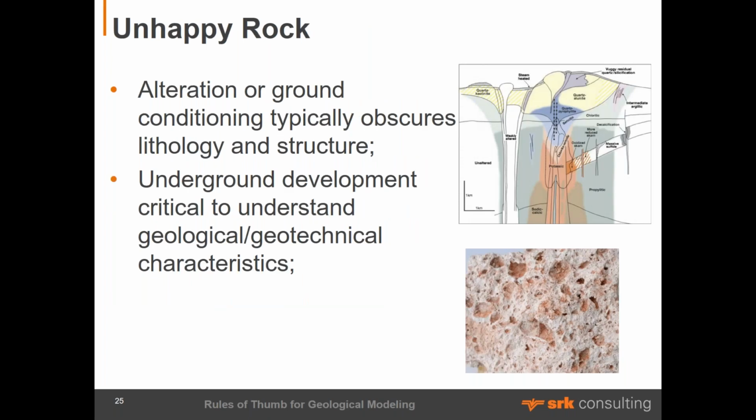In many hydrothermal environments, porphyry environments especially, or epithermal environments where we see a lot of alteration, and we get things like stockwork, enrichment, leaching, really you end up with some very altered, unhappy rocks, right? And these can be tough ones to work with. So for exploration targeting, it's fantastic if you can work out alteration, but if you're trying to make a model based on protolithologies and structure, you need to step out into the waste, right?